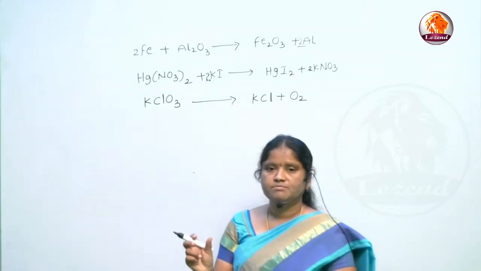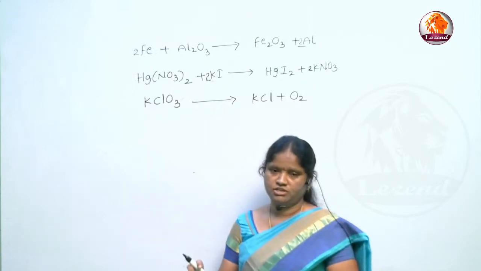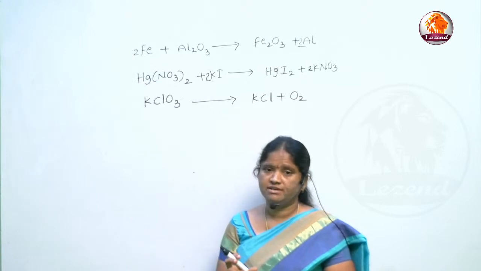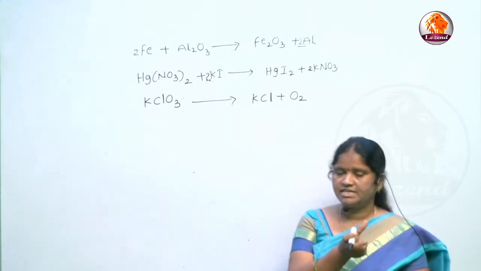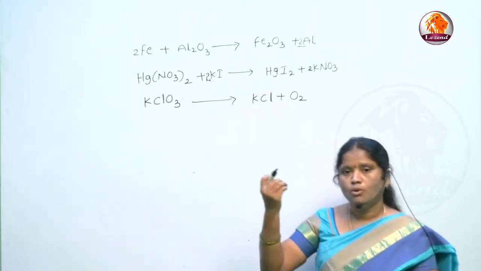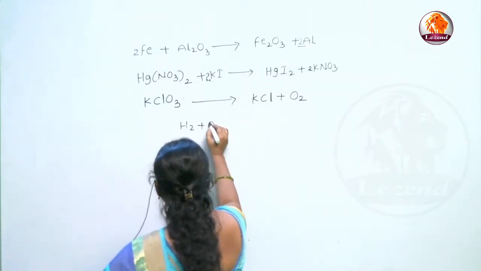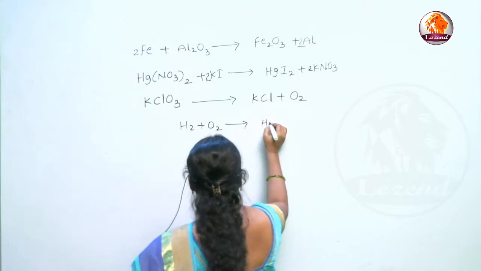If we observe only one product in the given chemical reaction, it means 2 reactants are present on the left side of the equation. For example, hydrogen plus oxygen gives rise to water.